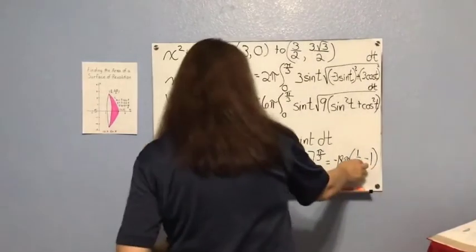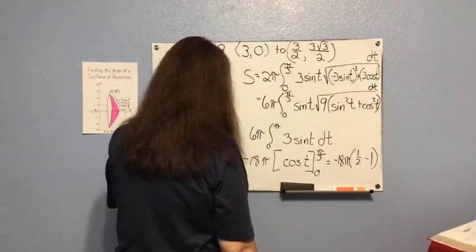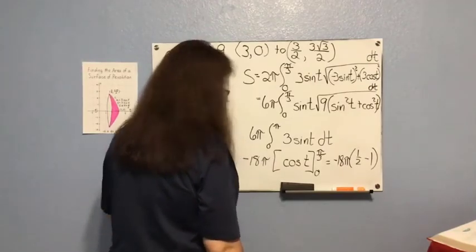So this is negative 1/2 times the negative 18, which is going to give me 9 pi for my area.